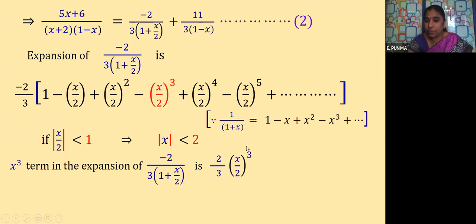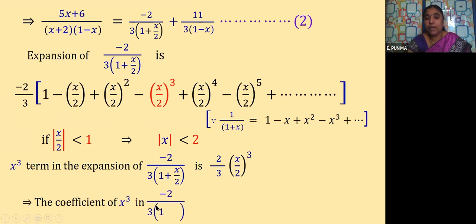This is our x cube term. Okay. Now from this we are trying to find out the coefficient. The coefficient of the x cube term in minus 2 by 3 into 1 plus x by 2 is how much, children?